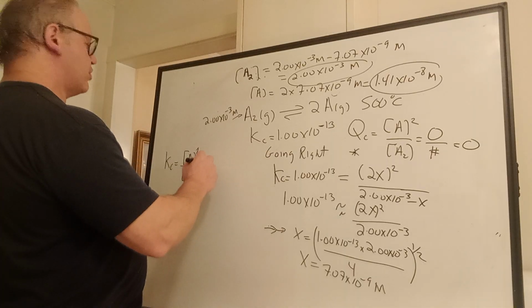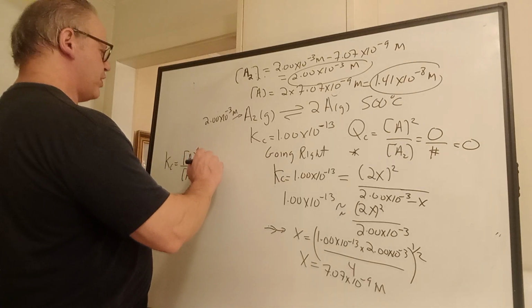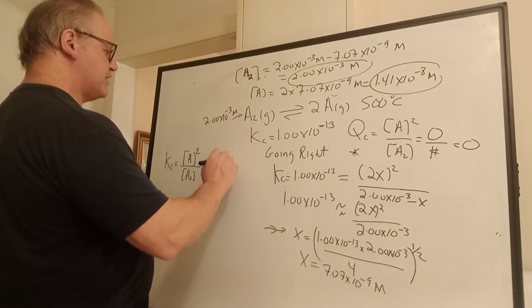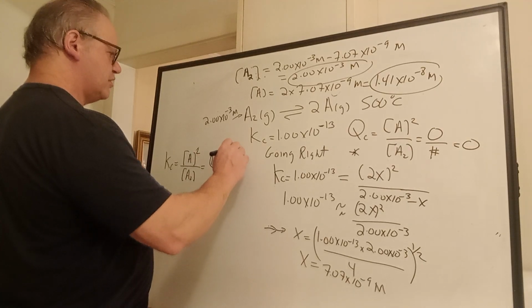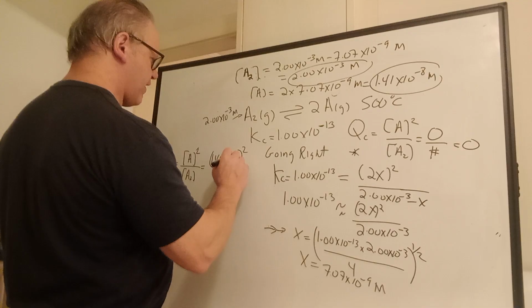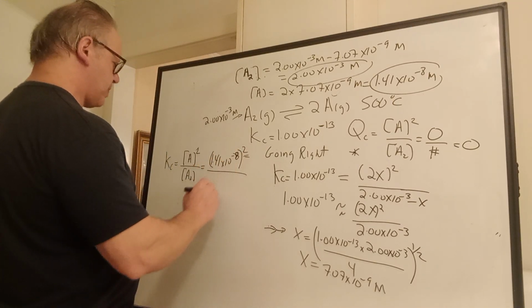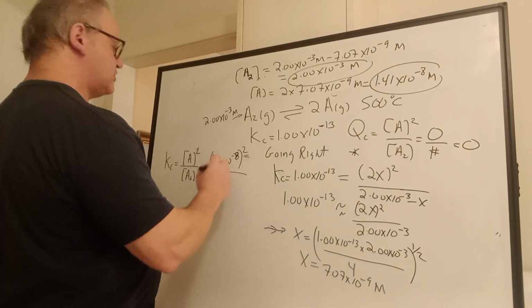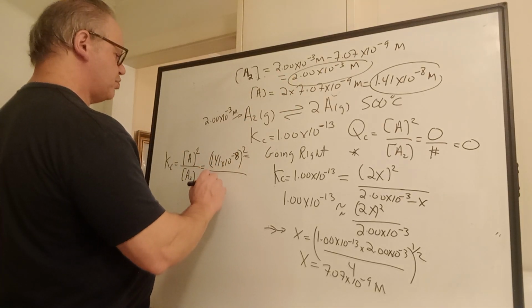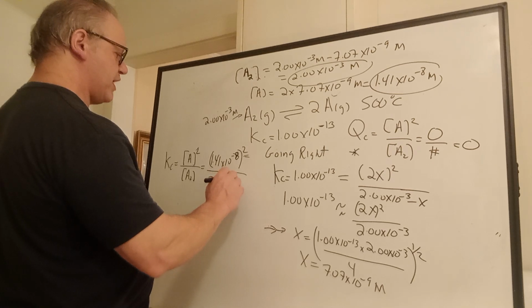For A squared, we're going to have 1.41 times 10 to the minus 8, squared. That's an 8. And don't forget the square. And then A subscript 2 is going to be 2.00 times 10 to the minus 3.